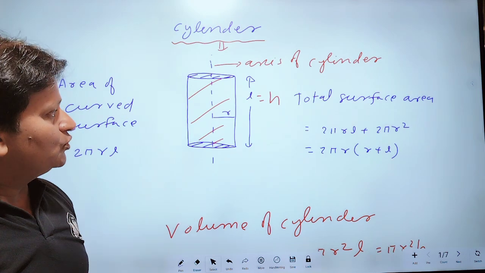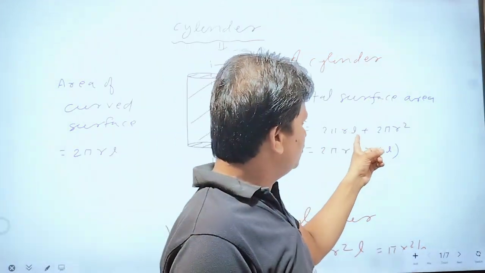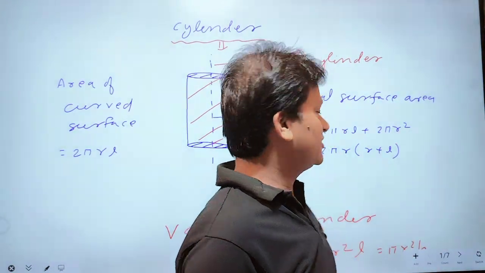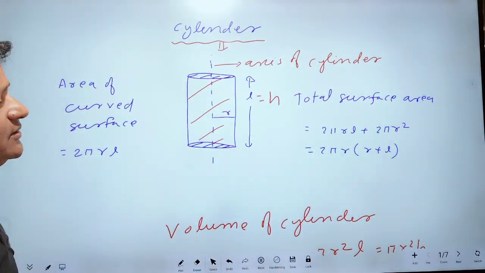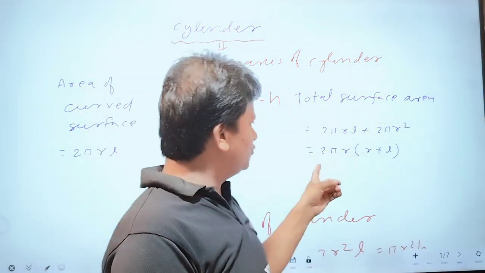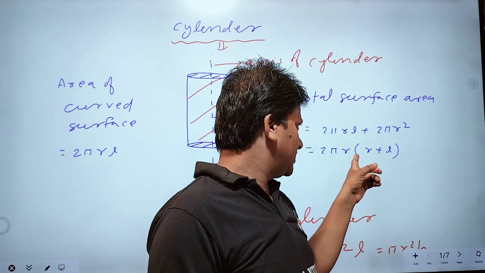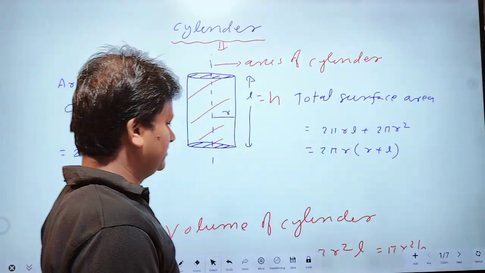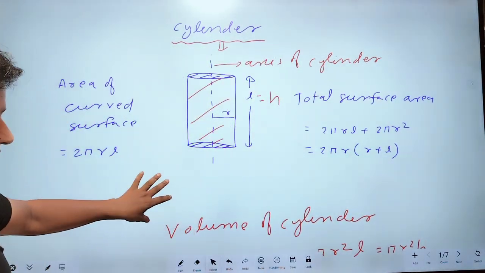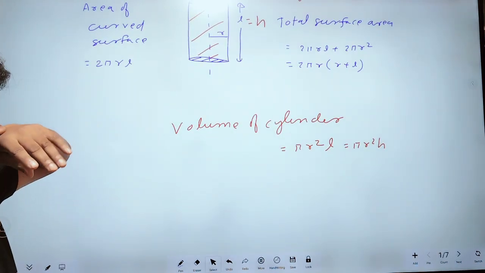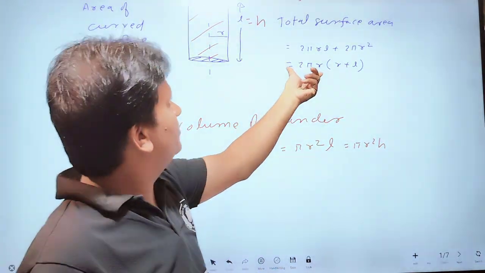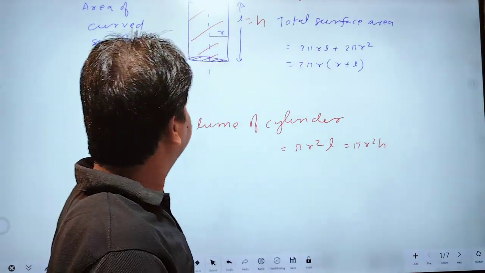Therefore, total surface area will be equal to 2 pi r L plus 2 pi r squared. Here we take common 2 pi r into (r plus L). This is the final answer. This is the final formula of total surface area.